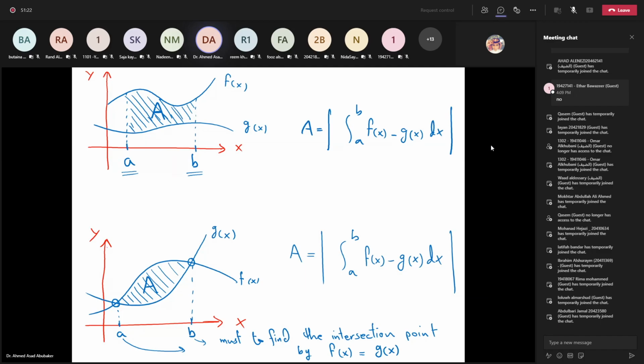Now, we will take the example for each case.